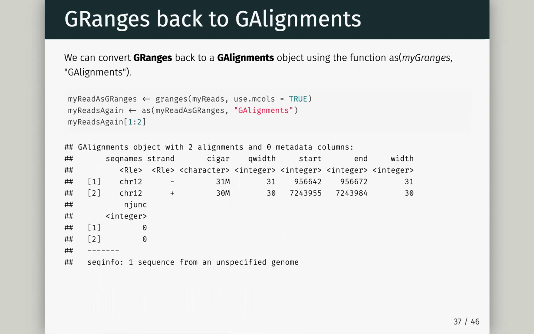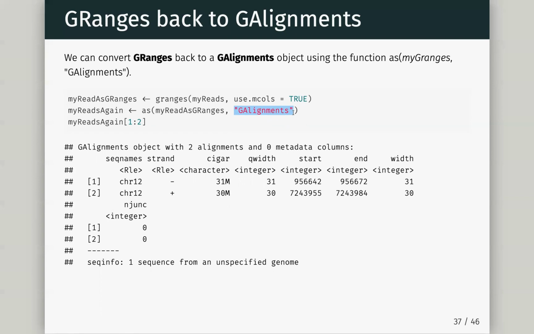We can also turn our GRangesList or GRanges back into a GAlignments object by using as, with the GRanges object I want to convert and GAlignments. For whatever reason, if you're using software like Novoalign, there is software out there which just hasn't adopted the SAM file format.